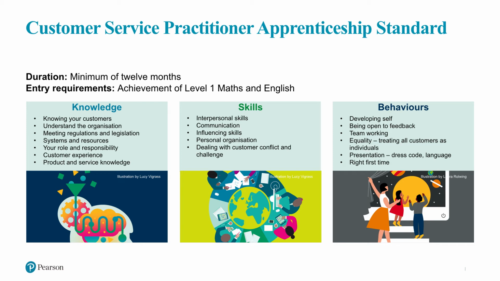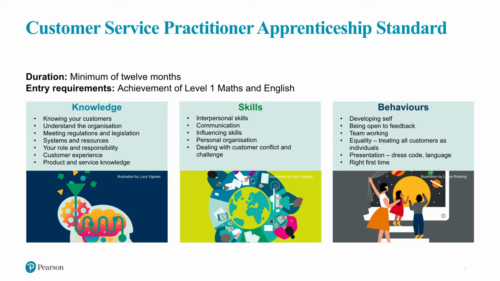And when it says entry requirements in the standard, what they mean there is that actually to achieve their apprenticeship standard, in addition to successfully progressing through endpoint assessment, the apprentice has to achieve a minimum of level 1 maths and English, which they may already possess, which if they do, that's great news.